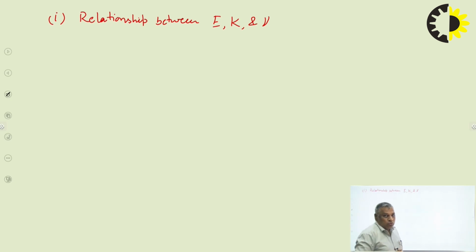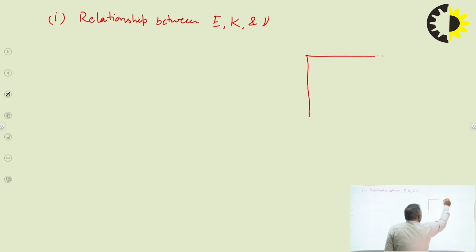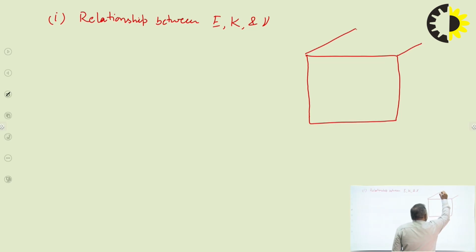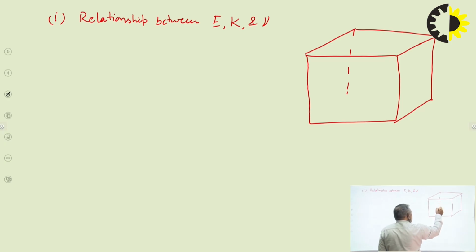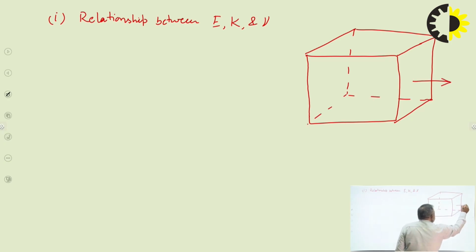If I want to establish the relationship between modulus of elasticity, bulk modulus and Poisson ratio, I will use a cube subjected to a hydrostatic state of stress.